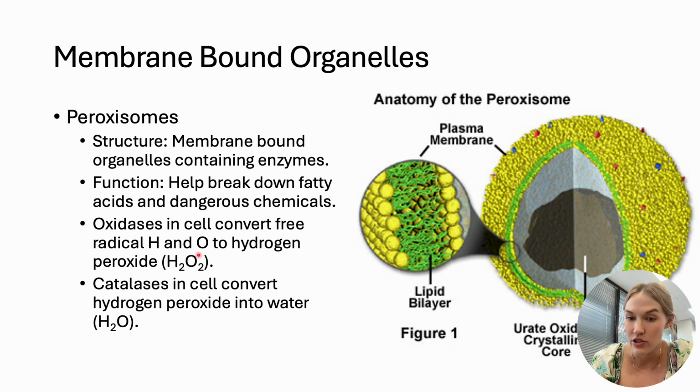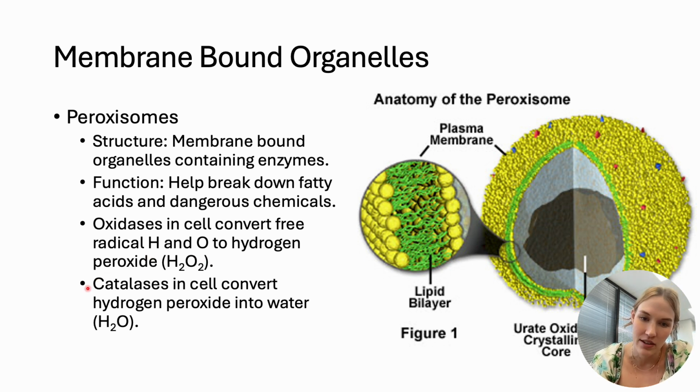And that's pretty dangerous. We don't want a lot of radicals in our cells because they would just mess everything up. And so these oxidases are able to convert these radicals into something called hydrogen peroxide.